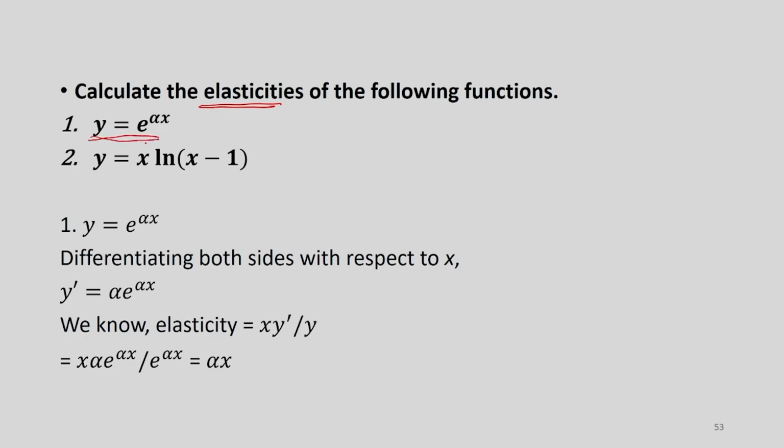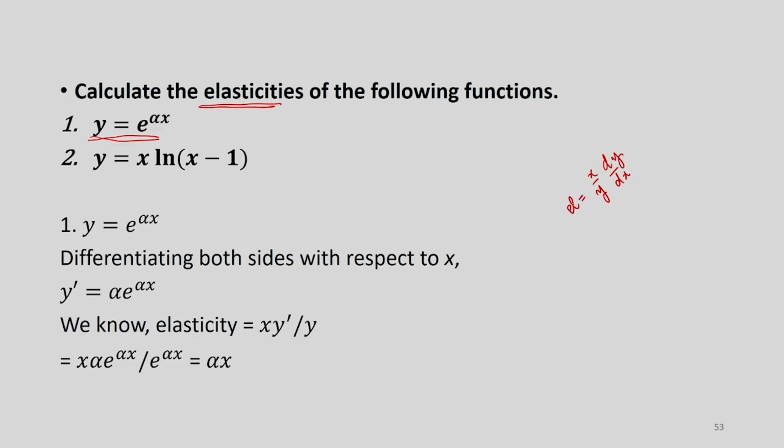So, y is equal to e to the power ax. Okay, I have to find out the elasticity. Now, this is written in a very succinct form. So, in this case, I have to first understand what is the independent variable, what is the dependent variable here. x is the independent and y is the dependent variable, and in this case the elasticity is given by this.